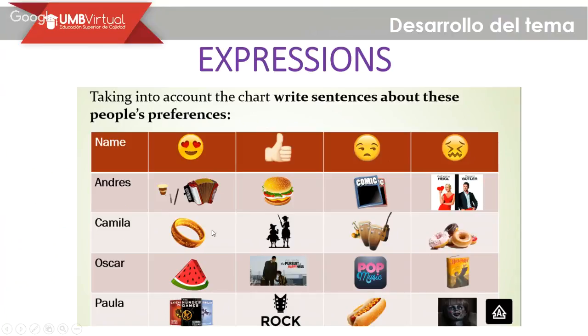Camila, the ring and love. So Camila would like to, or would love in this case, to get married. Don Quixote de la Mancha. Camila would like to read Don Quixote de la Mancha. Okay, hate, Andres.